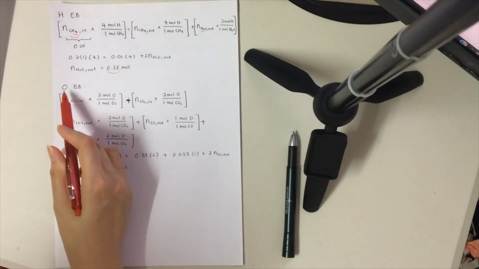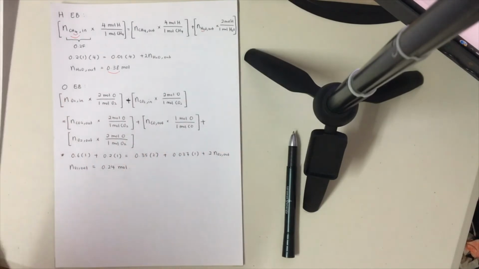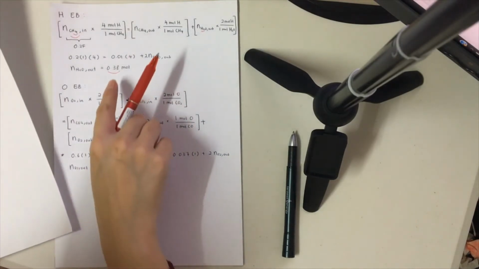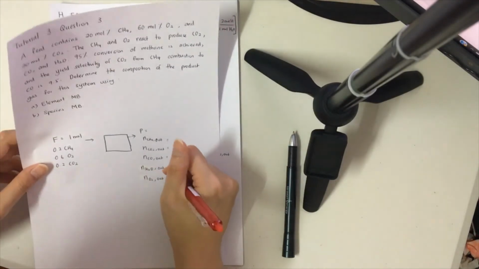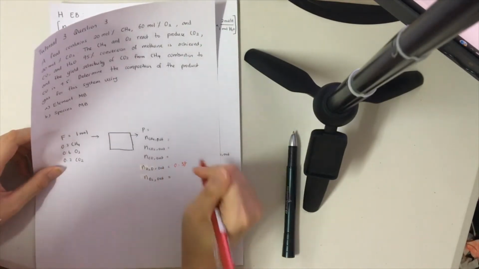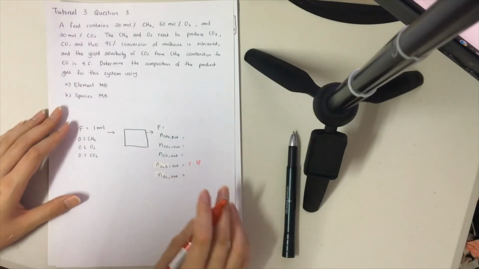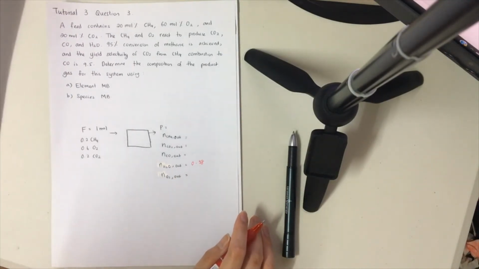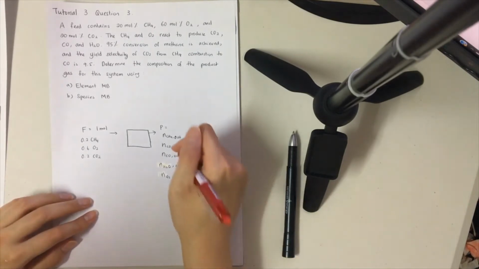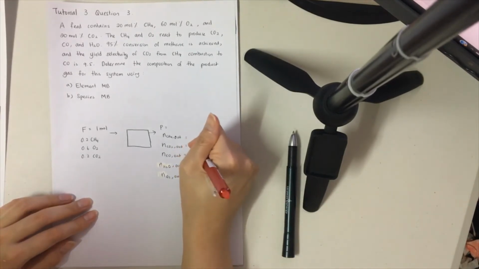Next, we have the O element balance. So the total amount of things that we have found is this 0.38. Always double check what else that you need to find. What are the other unknowns that you need to find? CO2 out is 0.35.